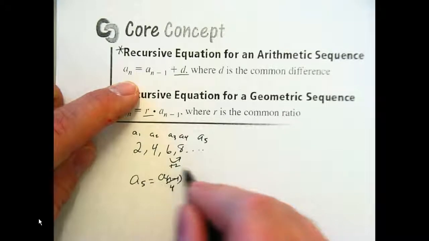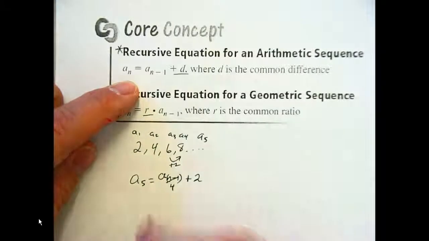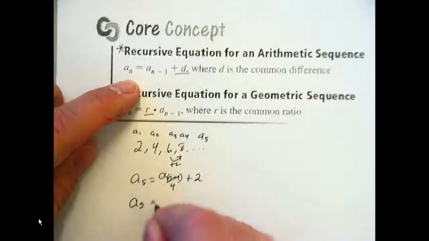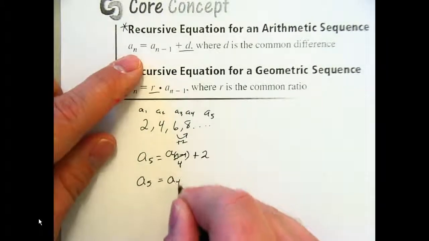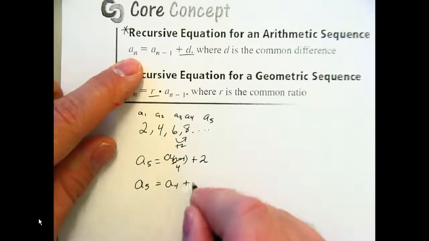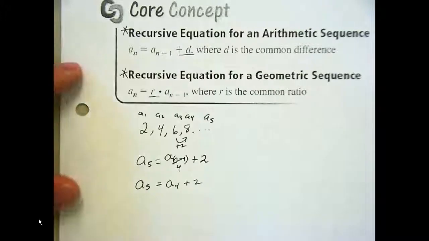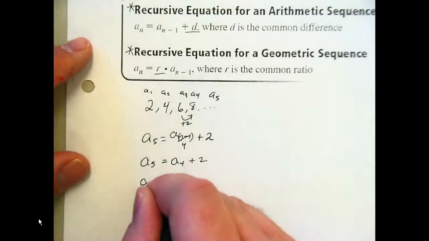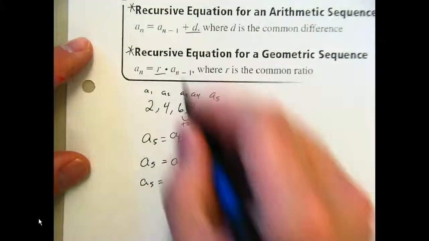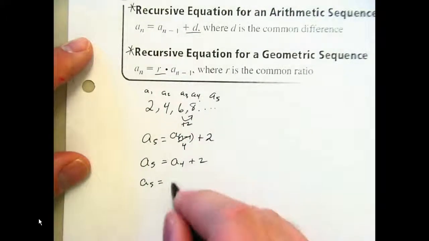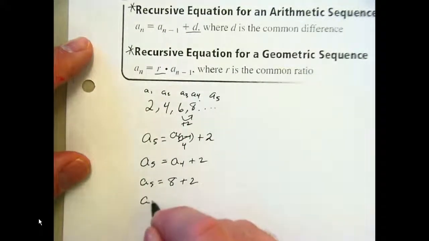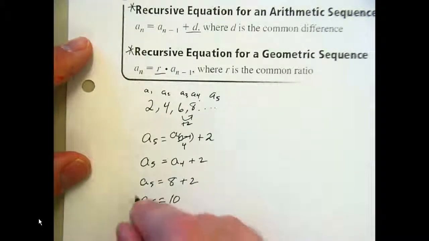I'm going up by 2 every time. So the recursive formula really is just a way of saying what you already know in a very easy way. So a sub 5 is equal to a sub 4, which is 8, plus 2. So we get 10.